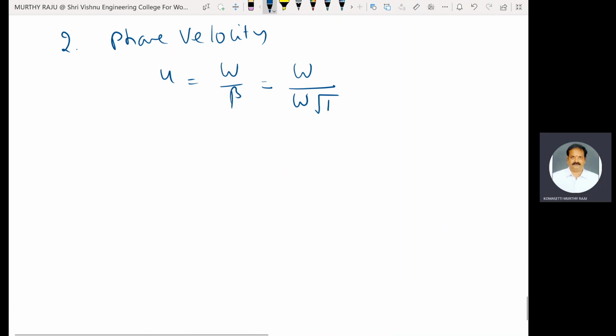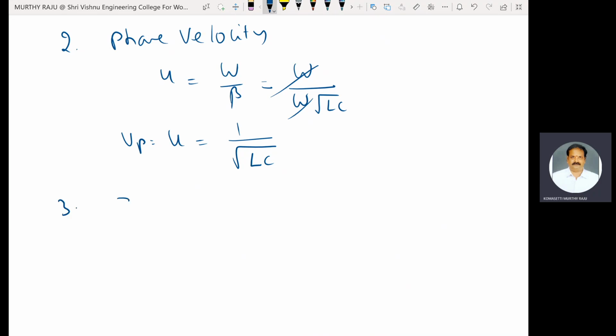Phase velocity U is equal to 1 by root LC. Sometimes it is also represented as Vp. Phase velocity is not changed with frequency. There is no frequency component here.